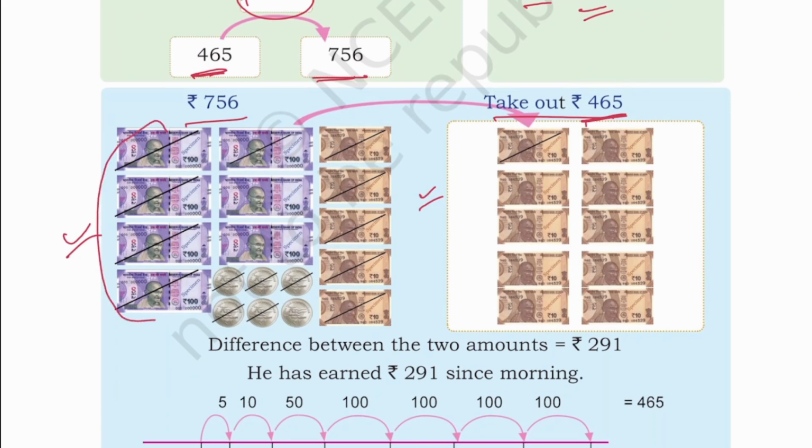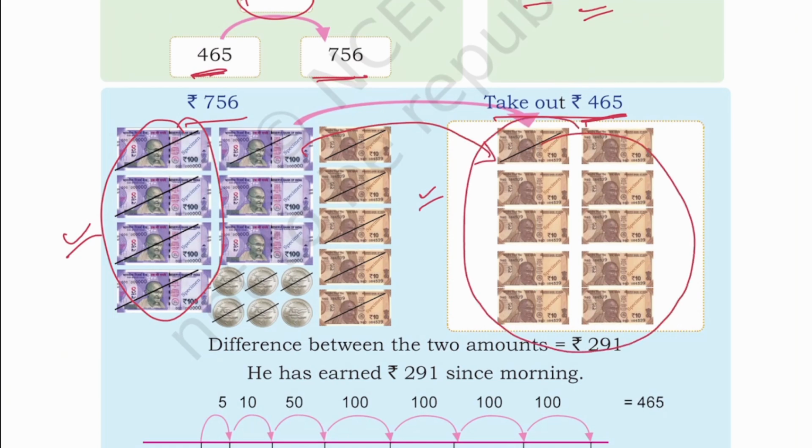That is 4 hundred rupee notes, and then 60 could be taken by breaking a 100 rupee note into 10 rupee notes. That is 5 notes here and 1 note here. 60 taken out, and 100 is also crossed out.